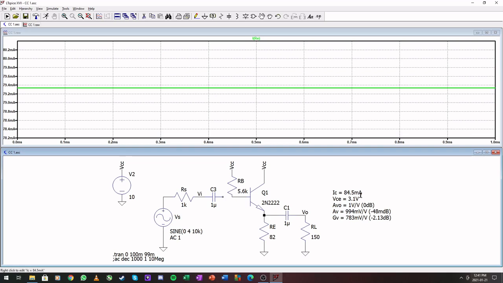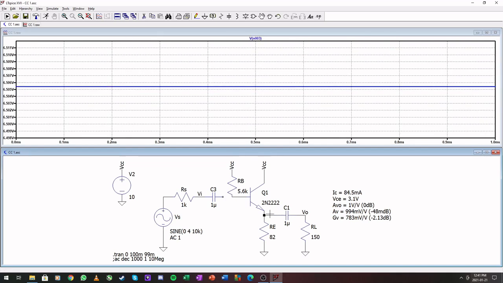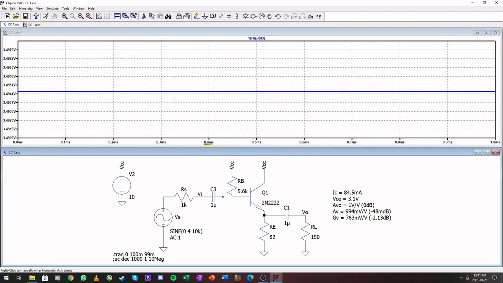It's 84.5 milliamps, and the DC point here, we should just go and include 10 minus this node, and it's at roughly 3.5 volts. And here we have our VCE as 3.1.